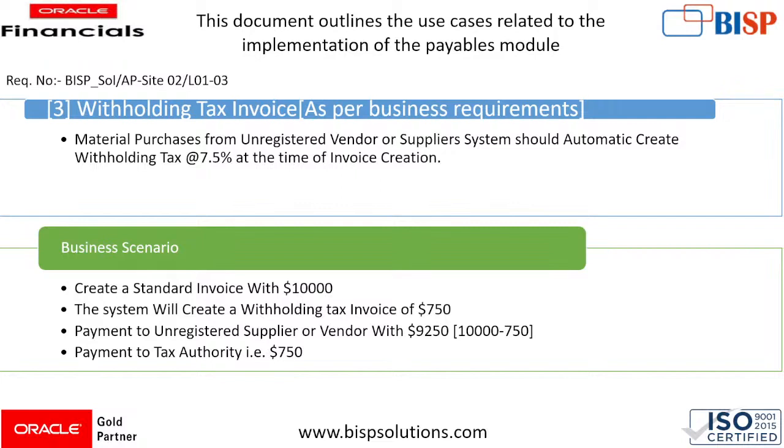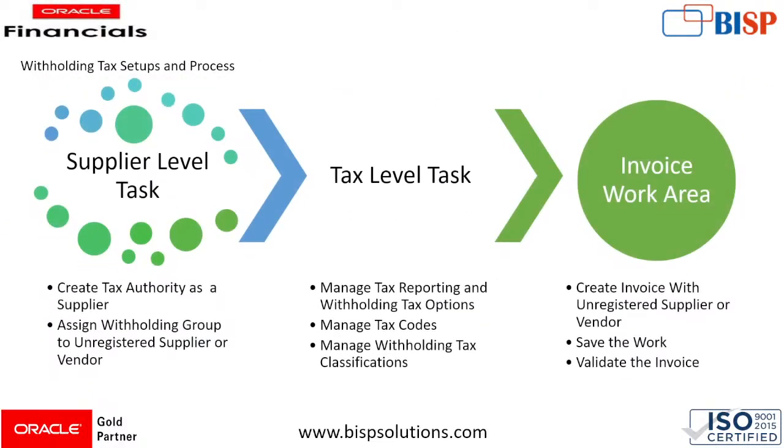So let us navigate. The first task what we had to do. So these are the withholding tax setup. In the supplier level task, we will create a tax authority as a supplier, or you can say a supplier as a tax authority. And then we will create a manage tax report withholding tax option, and then manage tax codes and the manage withholding tax classification.